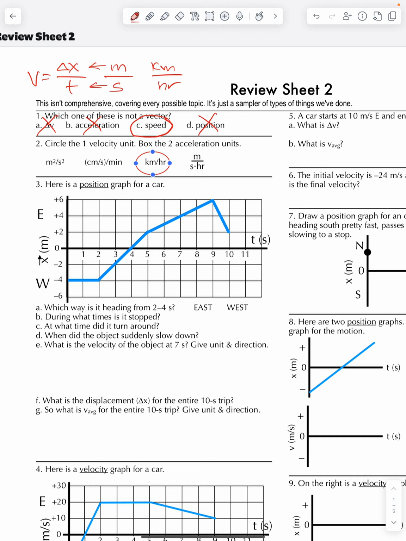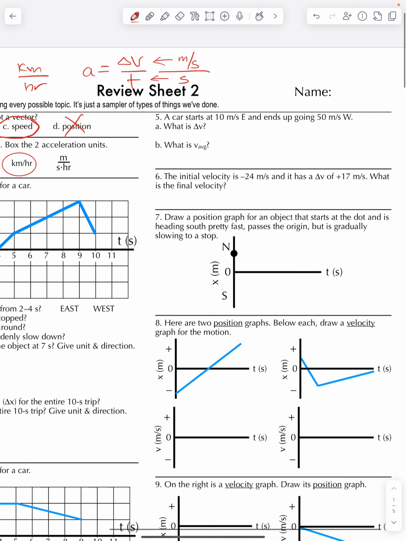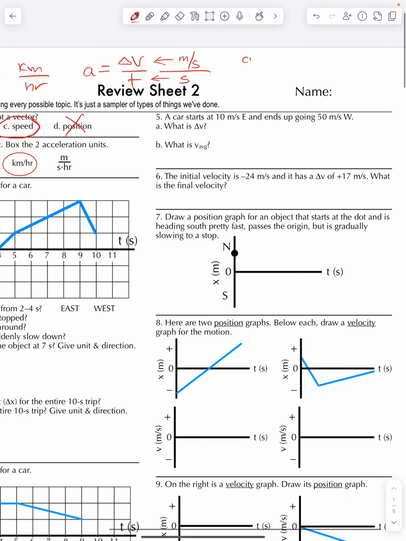Now acceleration, again, we haven't got to this yet in this review sheet. The formula for acceleration is delta V over t, the change in velocity over time. So that's going to be some kind of velocity unit, like meters per second, divided by some kind of time unit, like seconds. Or let's do another velocity unit. Let's do, for example, centimeters per minute, divided by hour.